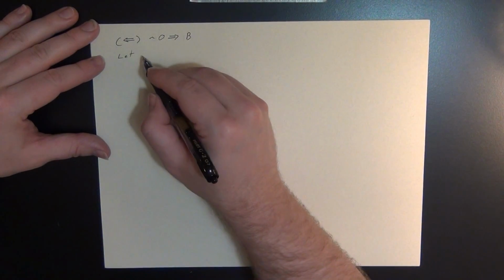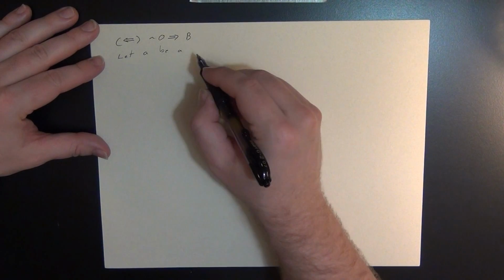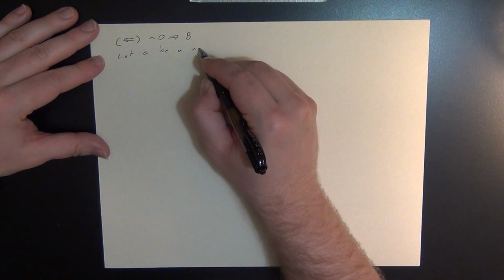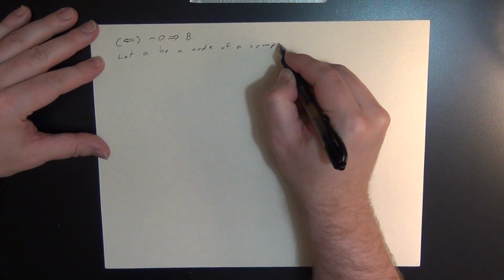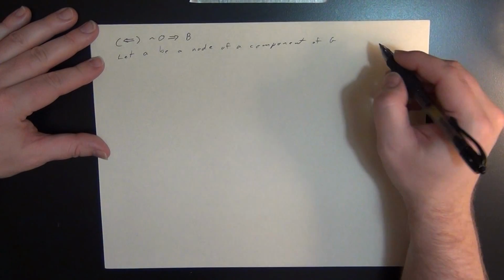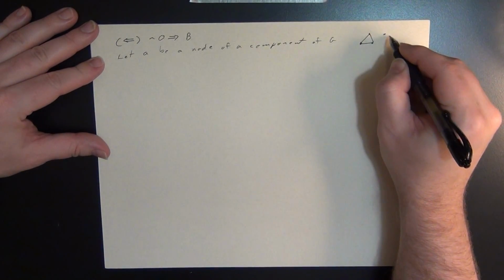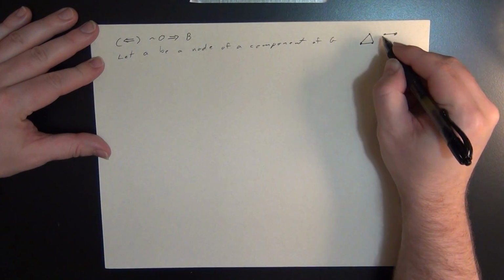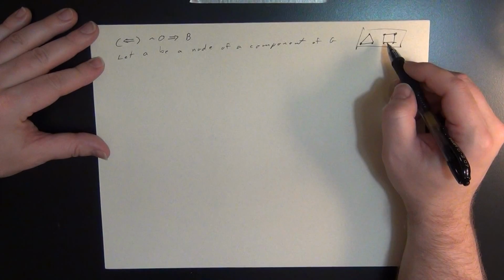Let A be a node of a component of G. So if G is this graph here, this graph has two components, two connected components, right?